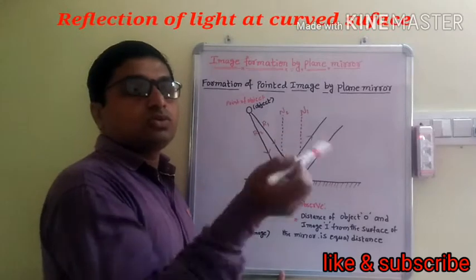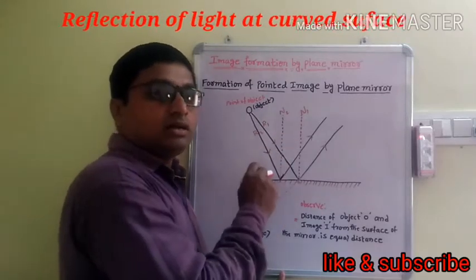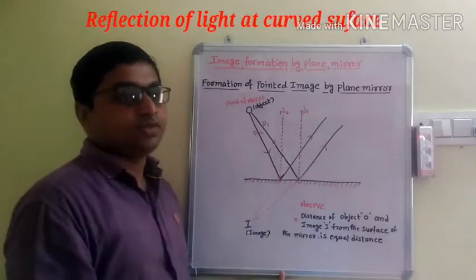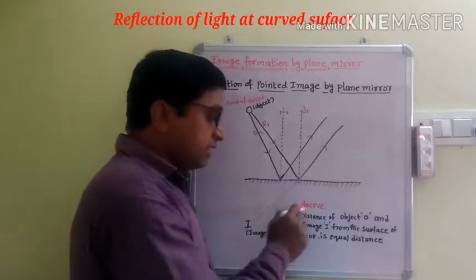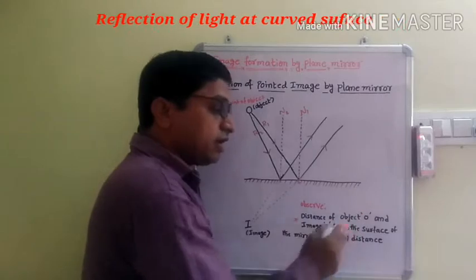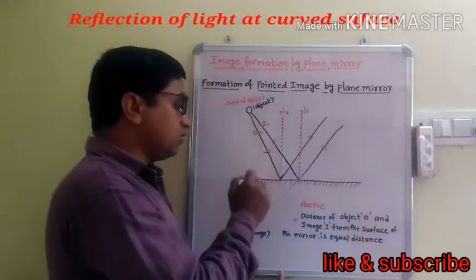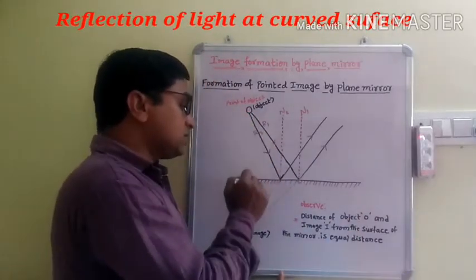the ray diagram. Here one point you remember: we observe the distance of the object O from the surface.